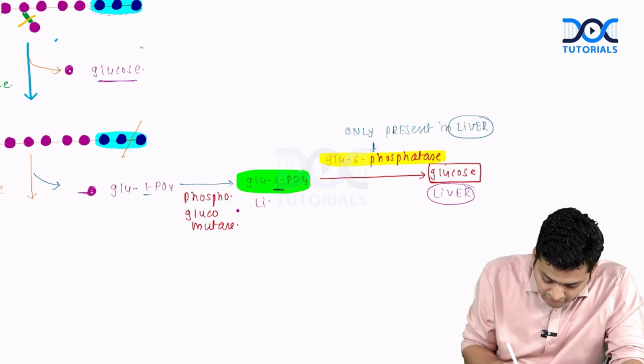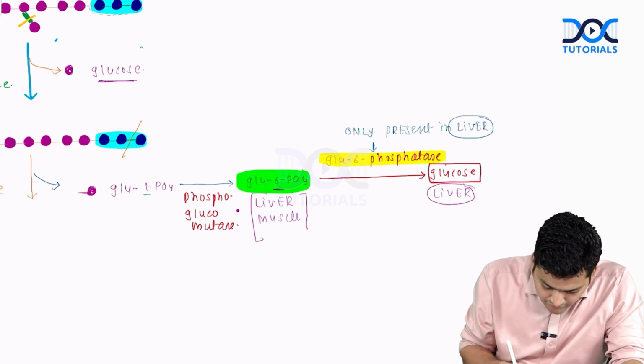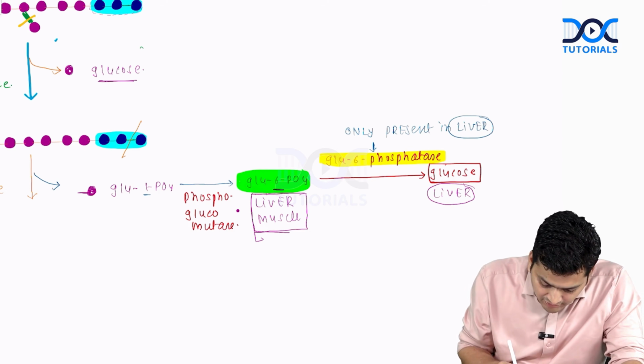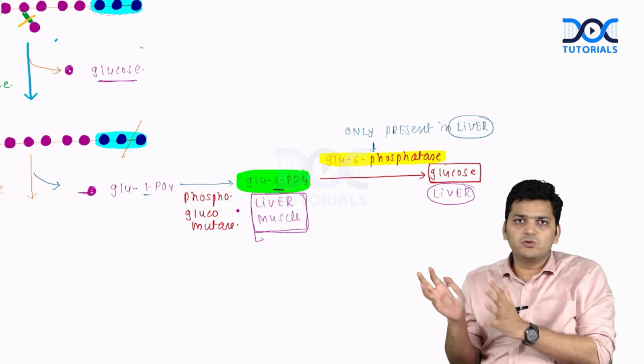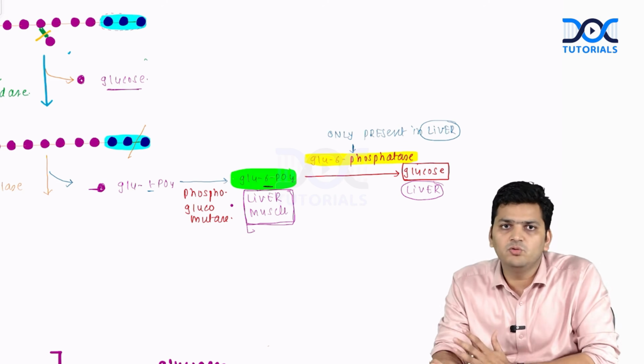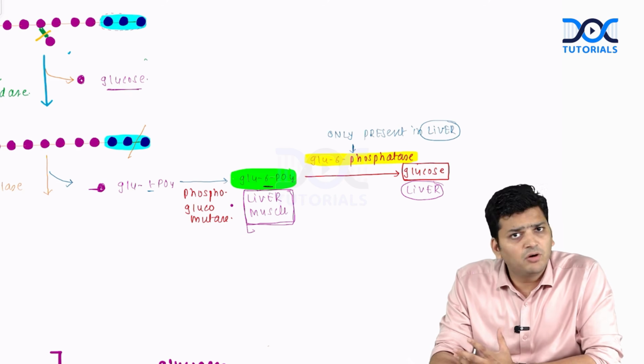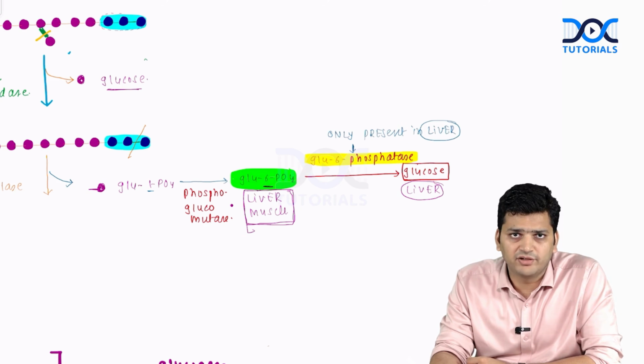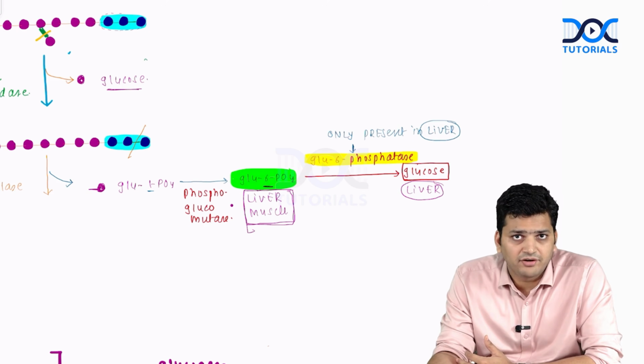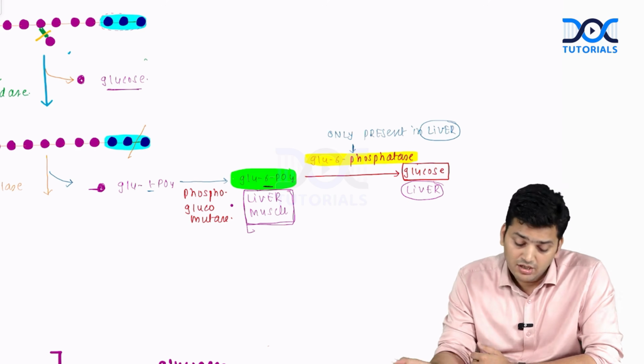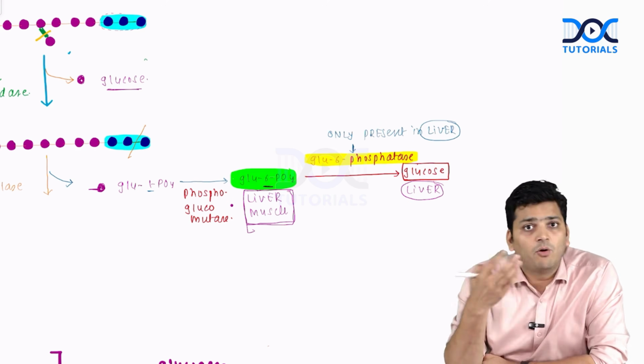Till this point, we have covered the liver as well as muscle. So now the point is that if the glucose 6-phosphate converts into glucose, we know what to do with the glucose. But what will the muscle do with the glucose 6-phosphate then? Because the muscle can't convert the glucose 6-phosphate into glucose. The muscle wants the energy.